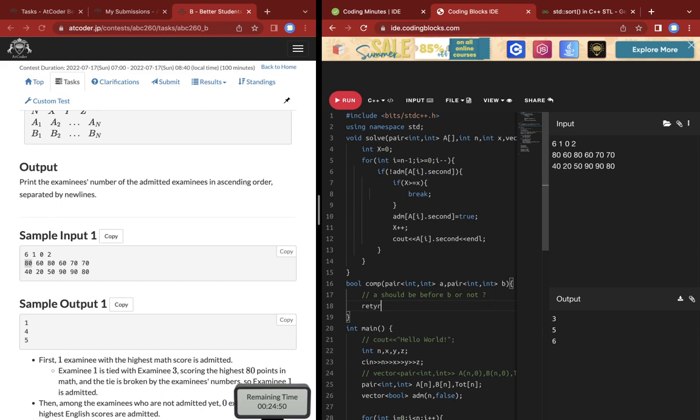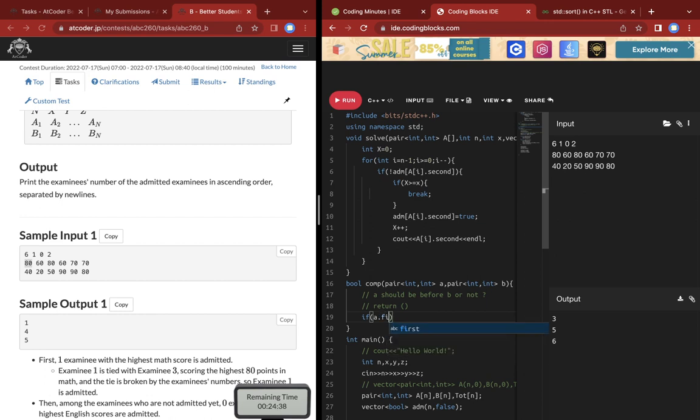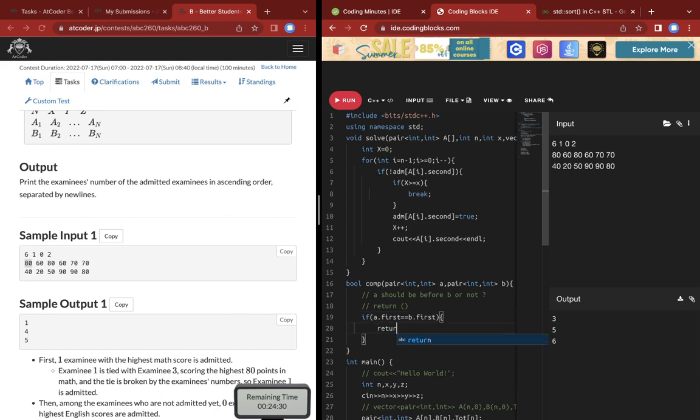So I'm going to check if a.first is equal to b.first, then I'm going to return a.second if this is greater than b.second. This is lesser, so it should be before.